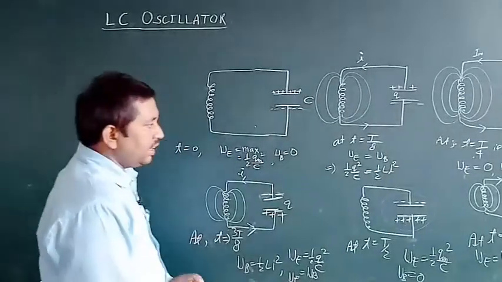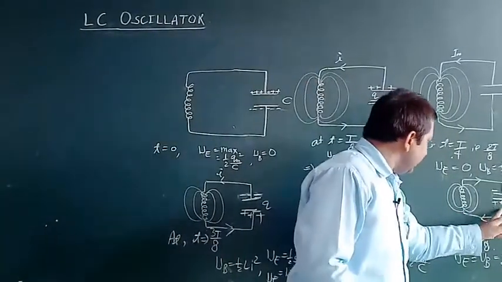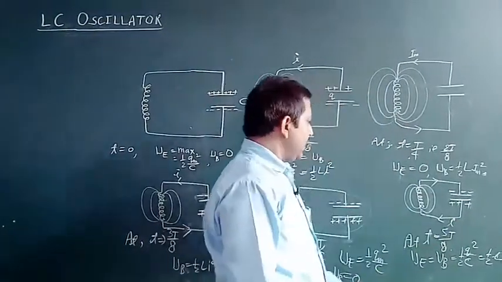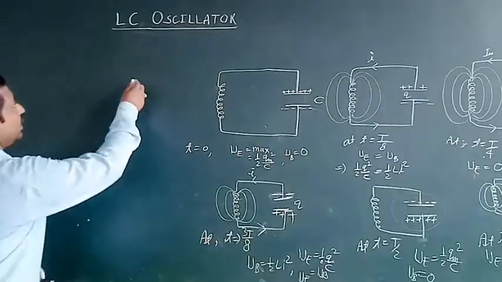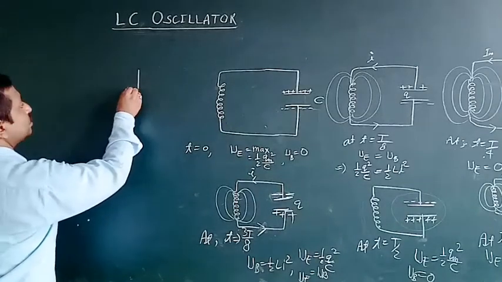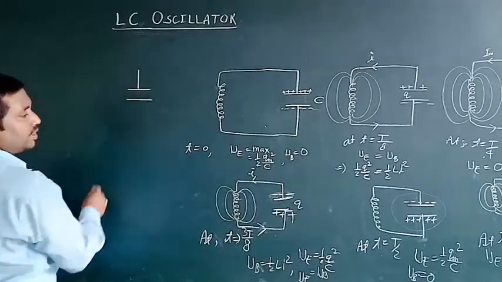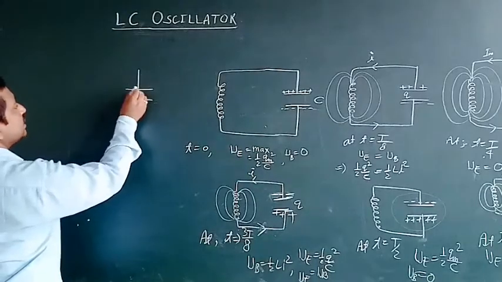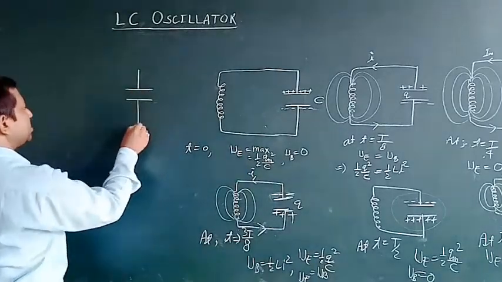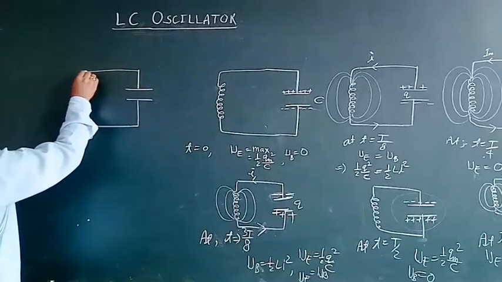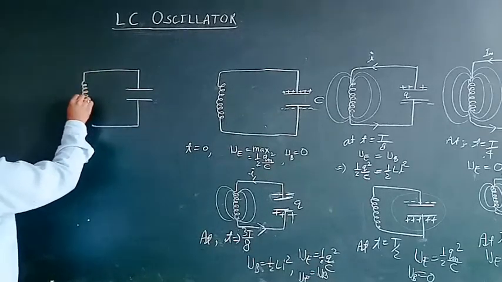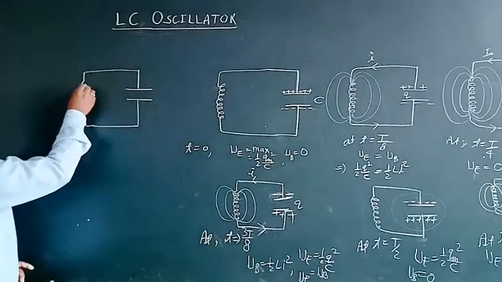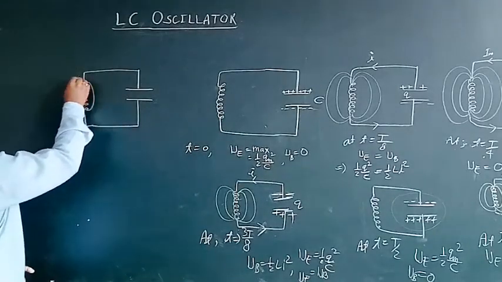Now suppose the current increases to its maximum value through the inductor, then the capacitor becomes fully discharged. It means the total charge on the capacitor disappears. So the total energy of the capacitor is present on the inductor in the form of electromagnetic energy.